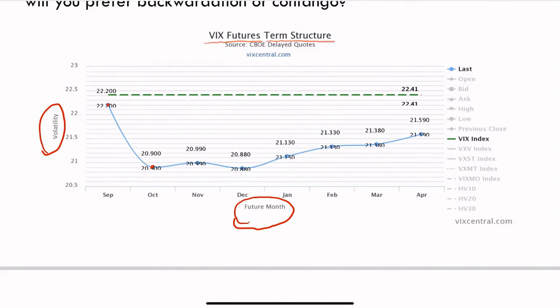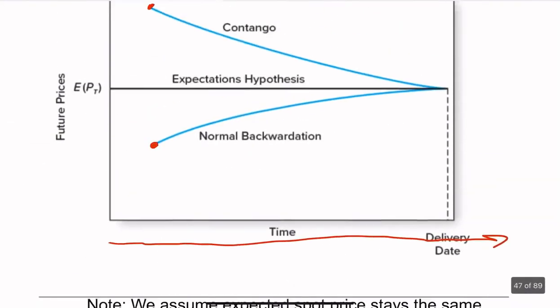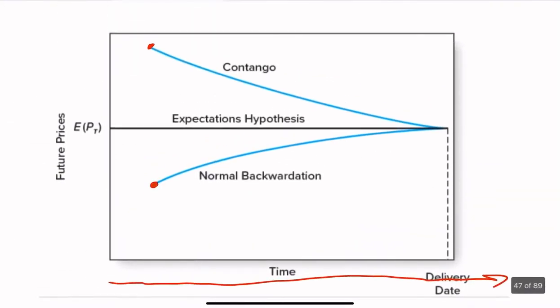Okay, now let's look at this curve, right? This blue curve basically tells you how volatility is related to maturity months. Obviously, we have different futures here. This is important because previously, if you look at this picture, it's about a single futures.